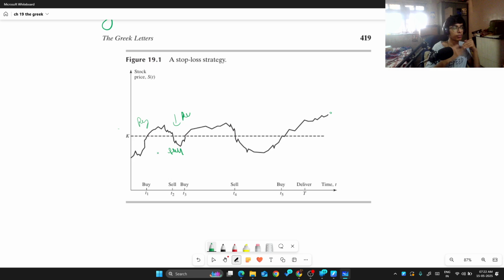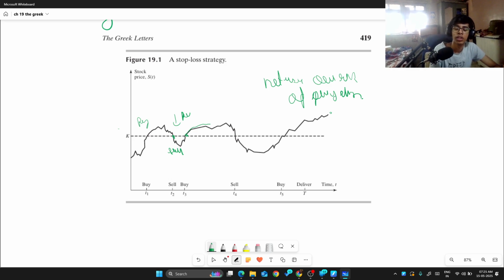So there is constant buying and selling depending on where the stock price is. In this way, we can neutralize the risk of the stock going down.